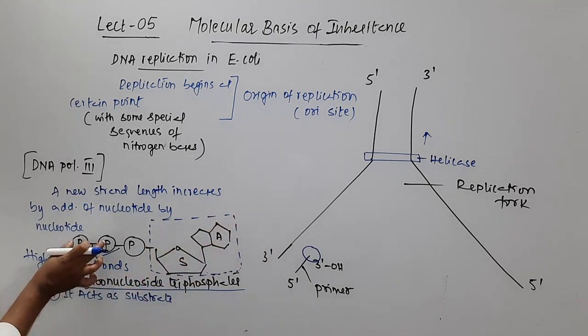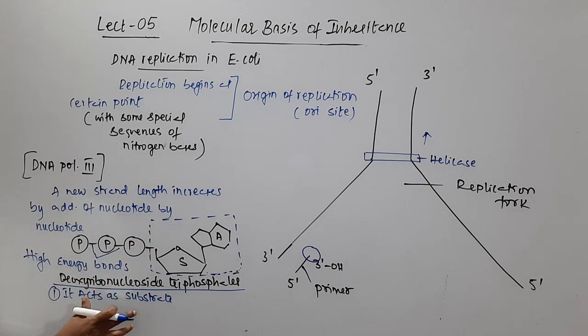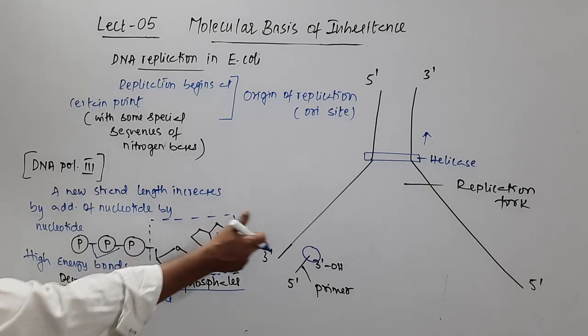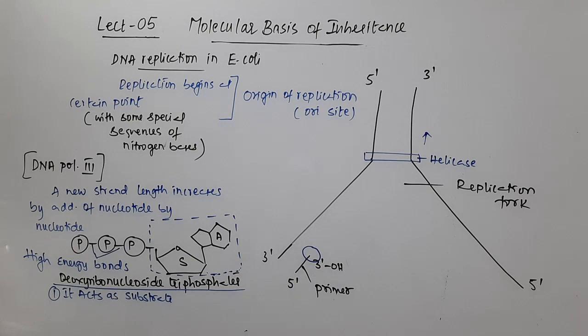Of course, the last two terminal phosphates will be eliminated. When the bonds between these two phosphates break up, they will release energy, and this monophosphate is going to attach here. So that's why I said it acts as substrate, and it also acts as a source of energy.